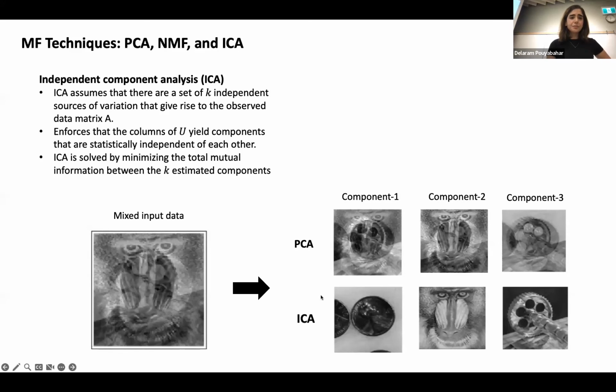And here, I'm showing you an example of ICA versus PCA on image data. What we see here is a mix of 3 different images.